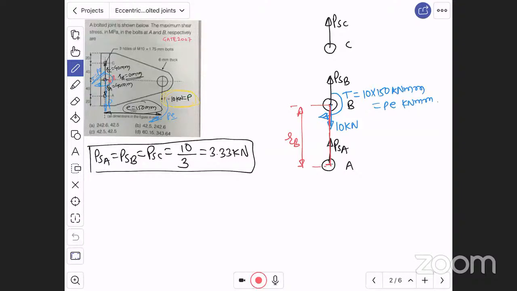Anti-clockwise moment create karna hai about B, therefore this will be PSA dash, which is perpendicular to radius. Now look at this, PSA dash is creating anti-clockwise moment about B, right?